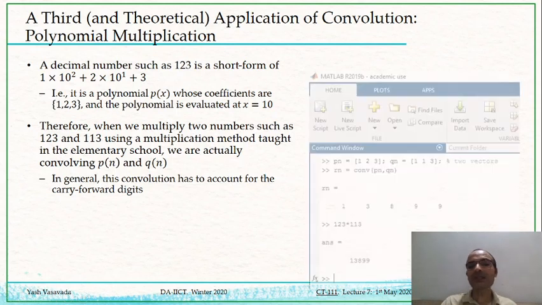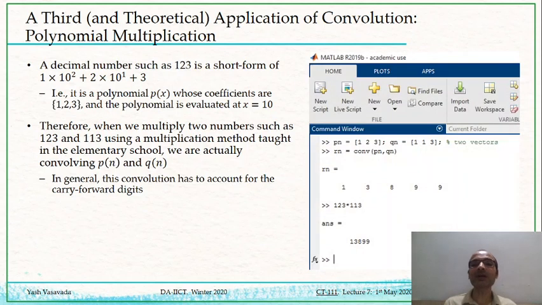As a demonstration, I took a snapshot of my MATLAB console where I declared two vectors. p of n is this vector 1, 2 and 3. q of n is another vector 1, 1, 3. And I use MATLAB's command for convolution. For convolving p of n with q of n, I got r of n as 1, 3, 8, 9, 9.